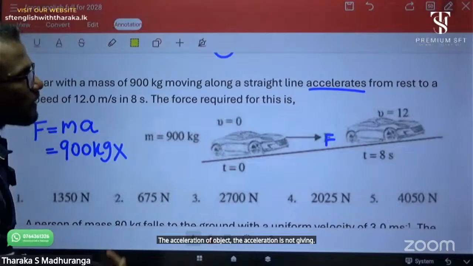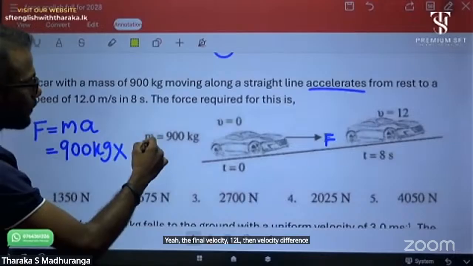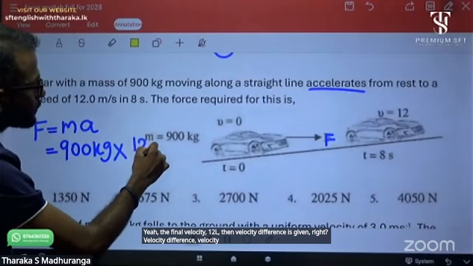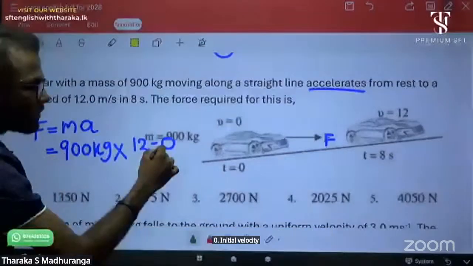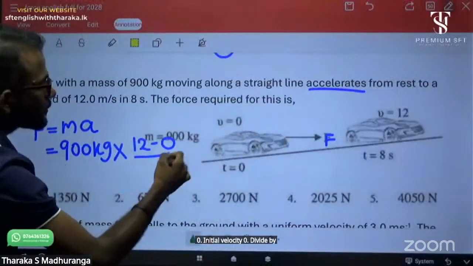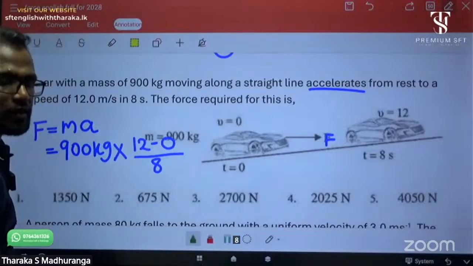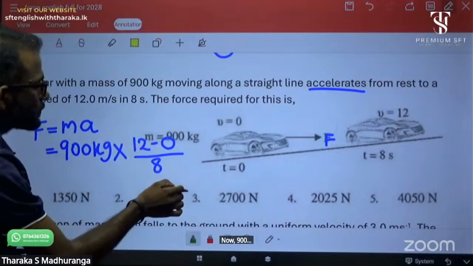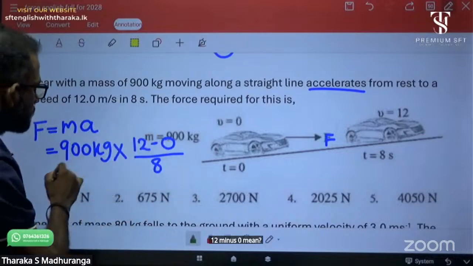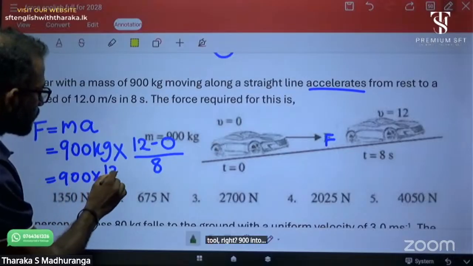The final velocity is 12, then velocity difference is given, right? Velocity difference is 12 minus 0, initial velocity 0, divided by time, the time consumption is 8. So 900 into 12 over 8, no?